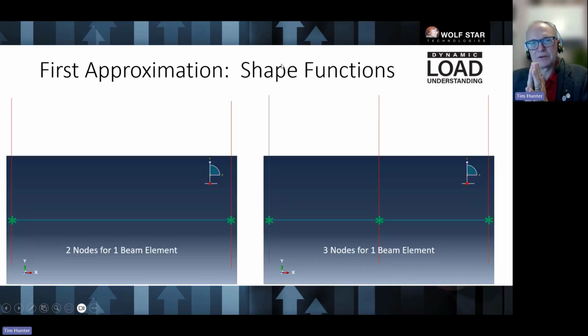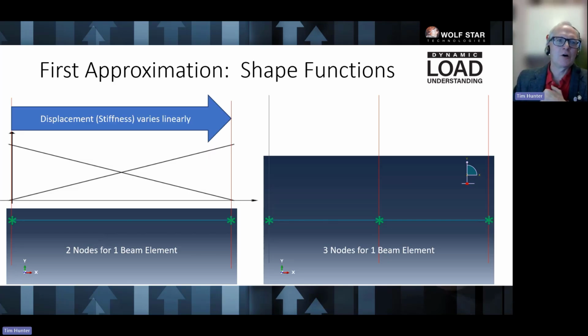Today's presentation is going to be kind of FEA 101, okay? This is about making sure that we're doing the right things at the very basic levels of simulation. The first approximation that we make in doing simulation is something called shape functions. Shape functions are basically saying how displacement or stiffness varies from one point to another, from one node to another.